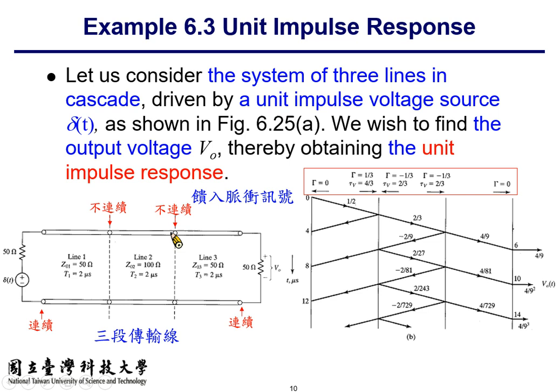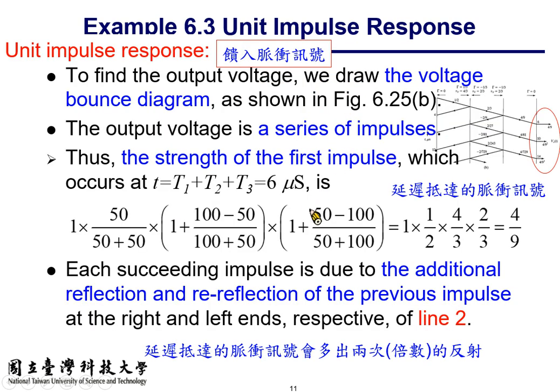On the left hand side we have a similar case: the 50 ohm transmission line is terminated with 50 ohm actual resistance, so there will be no reflection on the left hand side. However, because of this 3-line connection, the bouncing diagram still looks kind of messy, like the one on the right. But with some patience, we can accomplish the bouncing diagram, which is not a very difficult case.